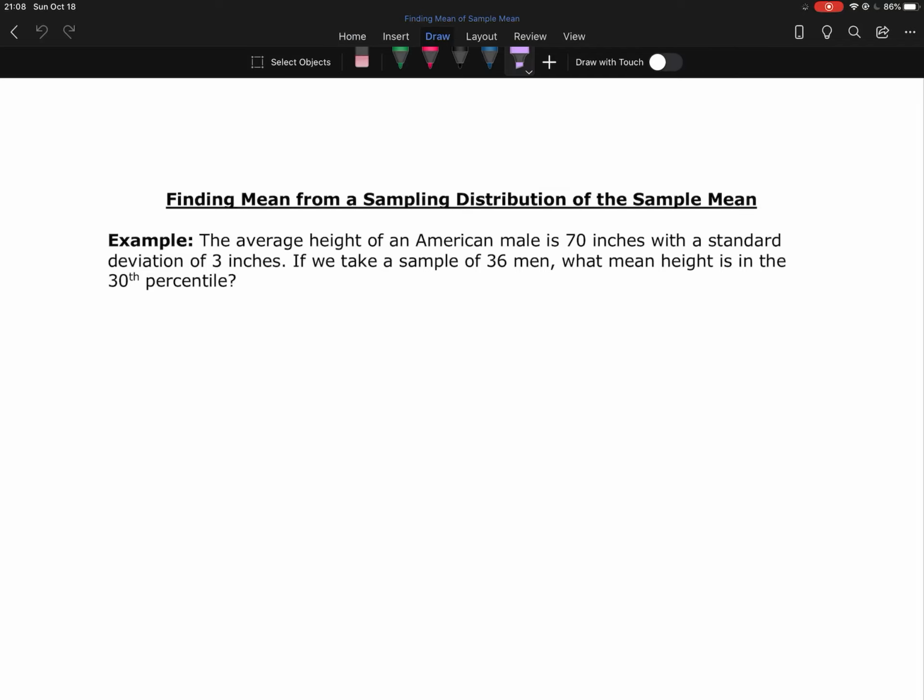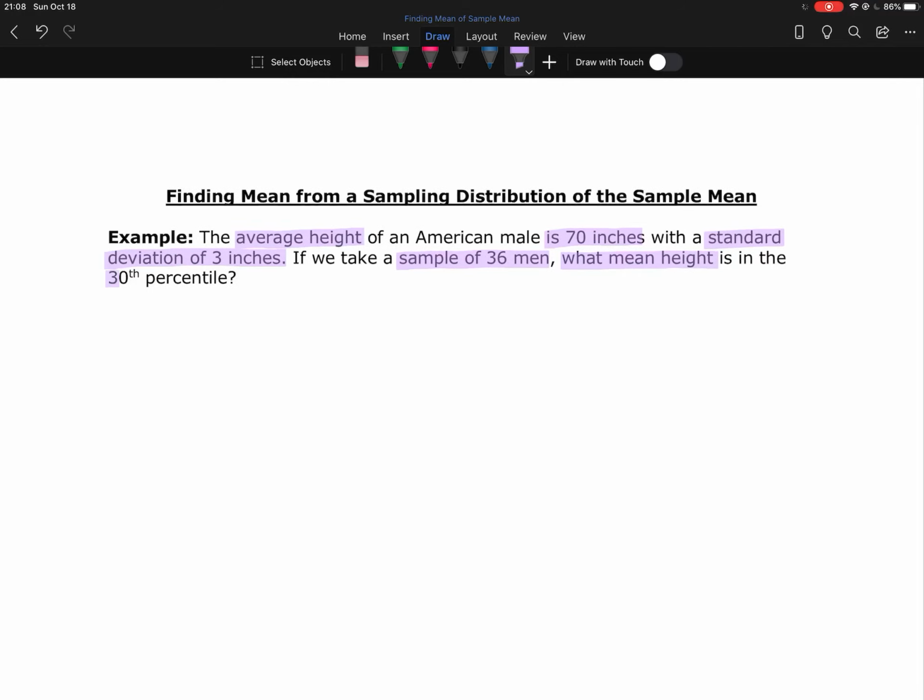So I'm going to highlight or underline the important pieces of information. So the average height is 70 inches. The standard deviation is 3 inches. Taking a sample of 36 men, I'm being asked to find what mean height is in the 30th percentile.